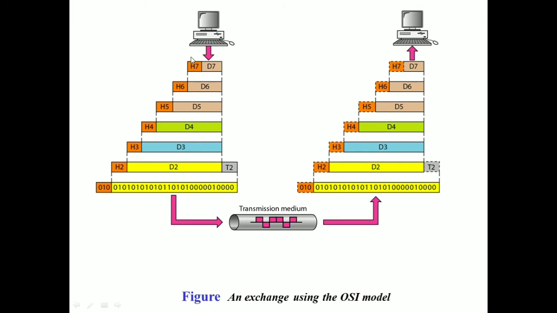So what it does is, it has its data D7, and it adds a header H7. After adding the header H7 to D7, the information goes from the 7th layer into the 6th layer. Do remember, this D6 consists of both H7 and D7, that is the header part and data part of the 7th layer, which is now given as the data part of the 6th layer.